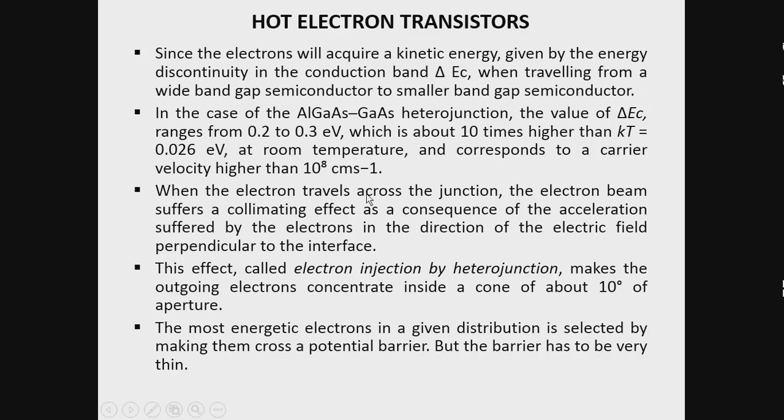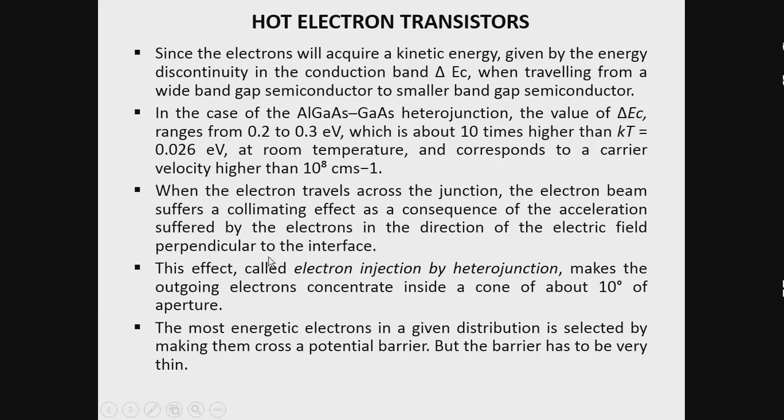When the electron travels across the junction, the electron beam suffers a collimating effect as a consequence of the acceleration suffered by the electrons in the direction of the electric field, perpendicular to the interface of the junction.